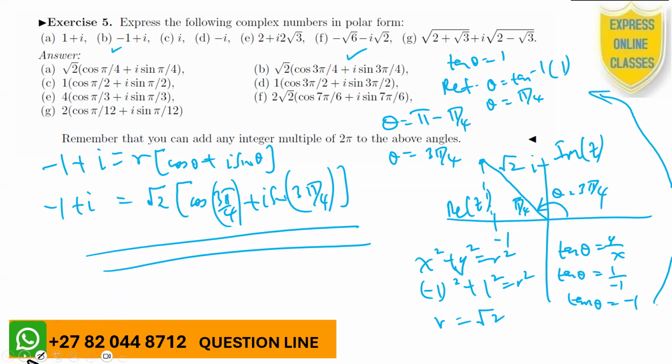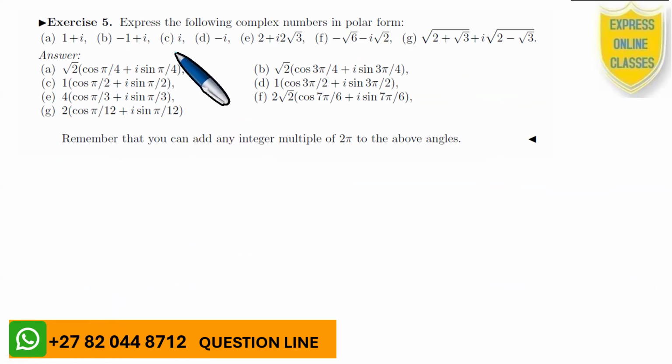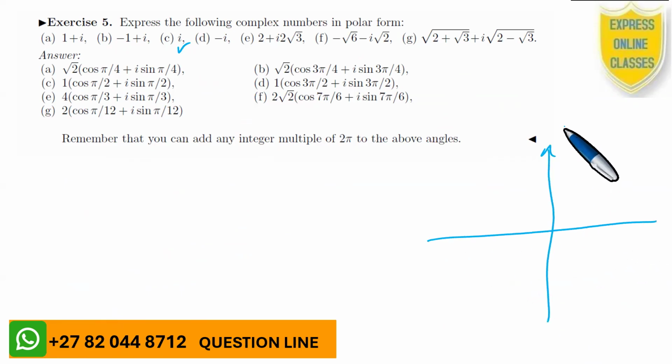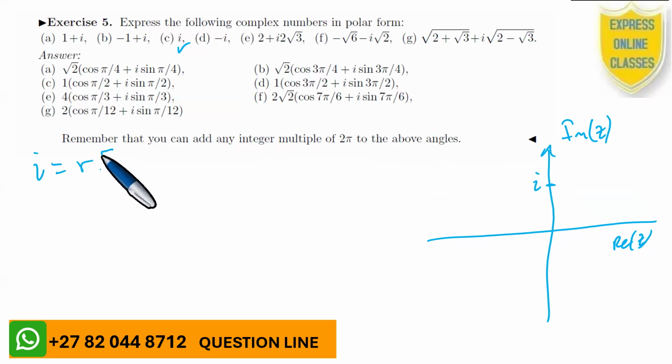Part C. So you have the imaginary Z and then we have the real Z, and therefore you have I. You can always write it as the radius times cosine theta plus I sine theta.